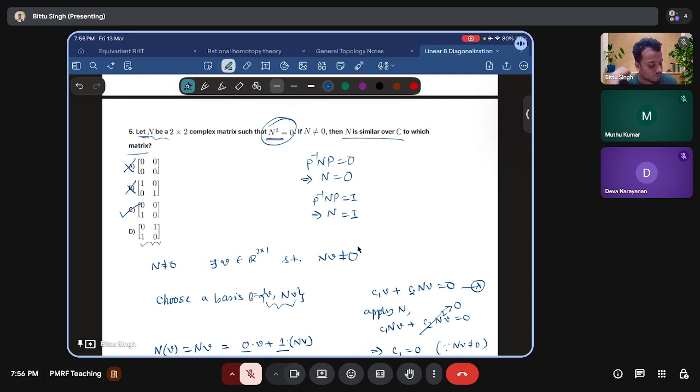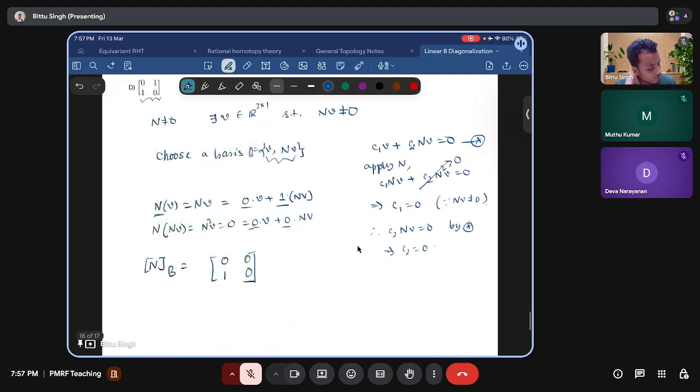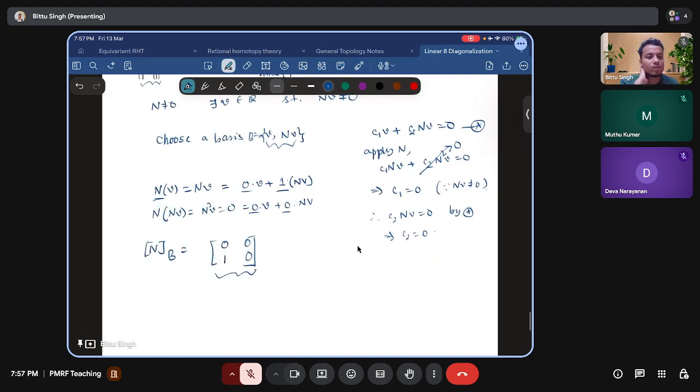Now what about D? So note that the rank of P inverse n P is the same as the rank of n, because P is an invertible matrix. So rank does not change by multiplying with a non-singular matrix. We have already seen that the rank of n must be 1, because with respect to this basis it is clear that rank must be 1.